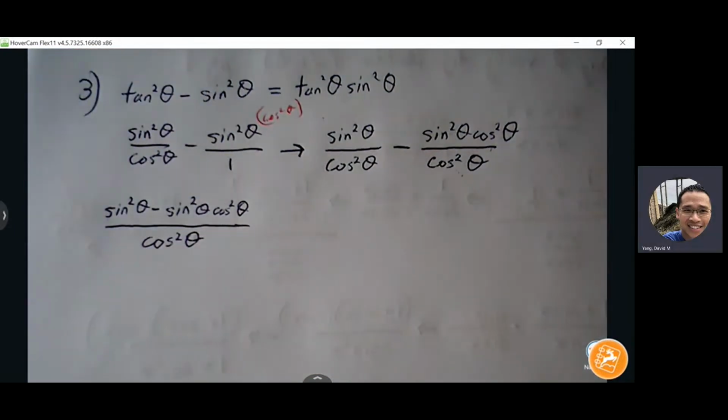All right, so at least we've gotten it down to one fraction. That's a good start. Any ideas what we could do next? Anything stand out to you? So I'm looking at the numerator and I'm thinking, what can I do with that?